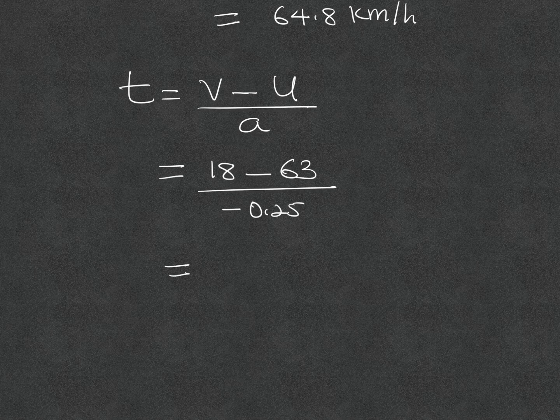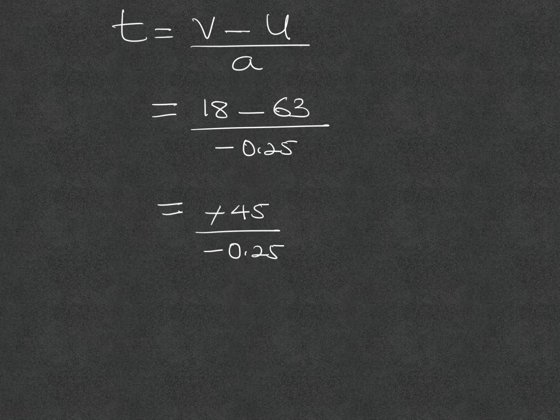So what will we have? 18 minus 63 is minus 45, divided by minus 0.25. So the negative signs will cancel. Therefore, time will be 45 divided by 0.25.